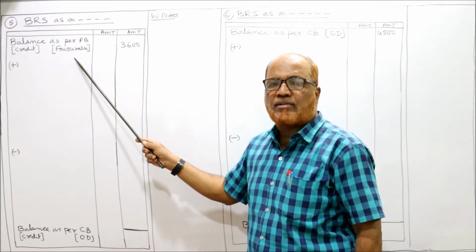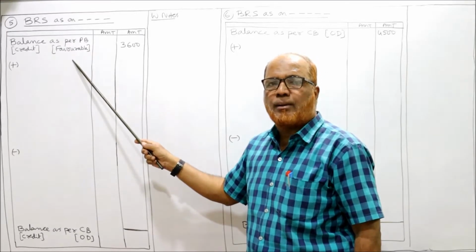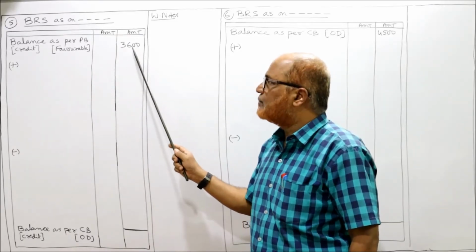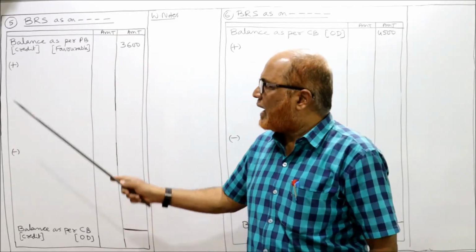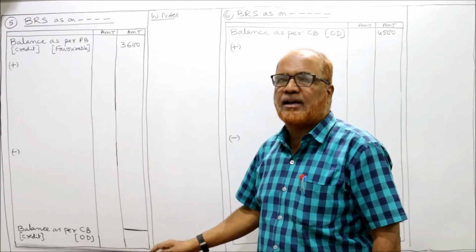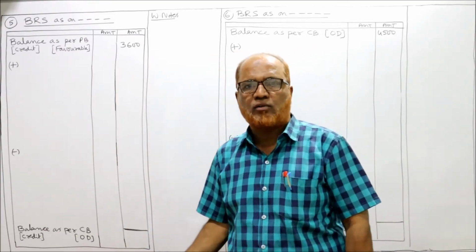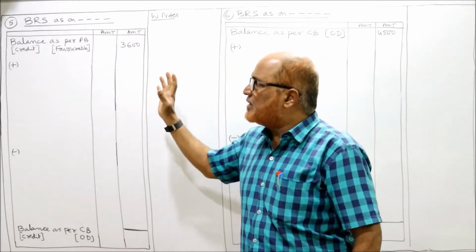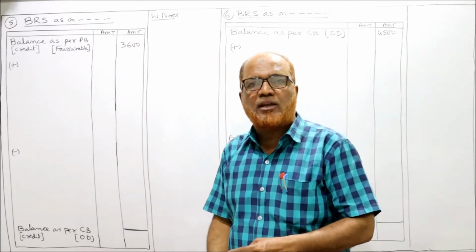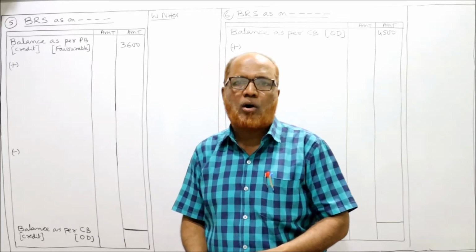So imagine our starting point is the favorable passbook balance, 3,600. Now add and less, then finally we'll get the closing balance, that is, the balance as per cash book, which we have to find out. Now first of all, in the working note, I'll explain each point, whether we have to add or less.